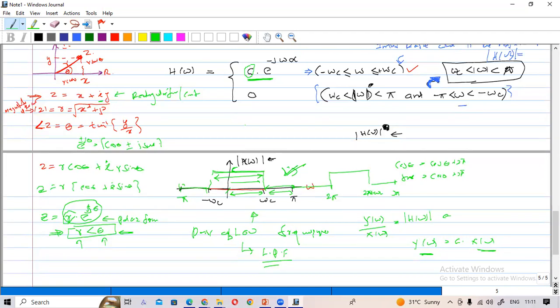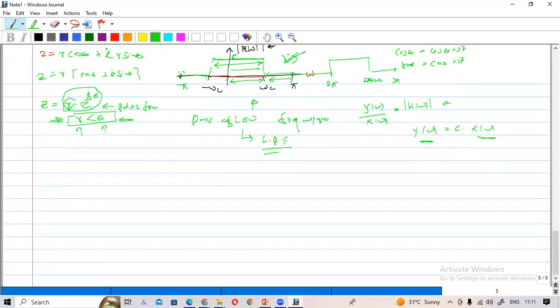Also, if it is a high pass filter, that means the filter gain should be there for high frequencies. From omega c to 5, the filter gain should be there. And from omega c to minus 5, the filter gain should be there. But for this frequency range, the filter gain should be 0.